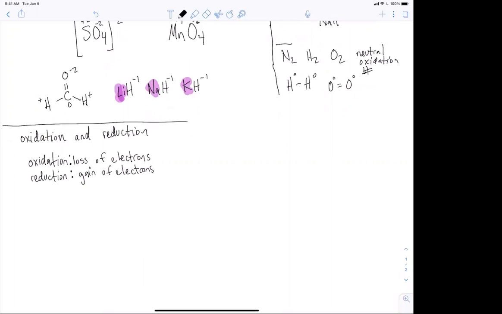But a loss of electrons, because electrons are negative, means an increase, I'm going to say a gain of positive charge. And a gain of electrons means a loss of positive charge.